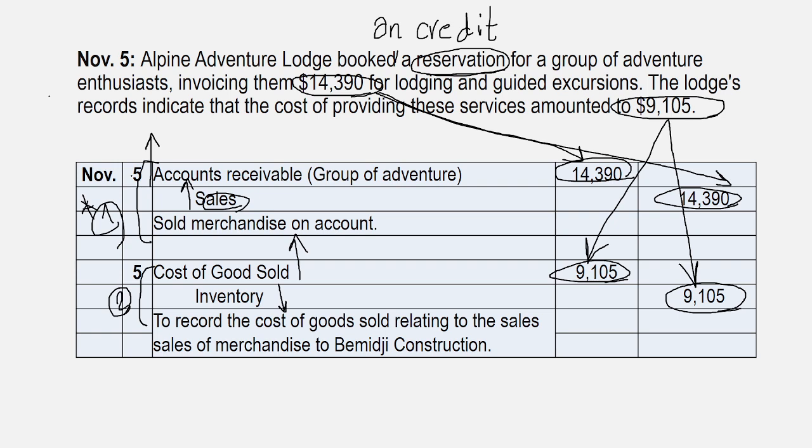These journal entries ensure that both the income earned and the expense incurred are accurately reflected in the financial records. Accurate record keeping is essential for maintaining a clear financial picture and making informed business decisions.